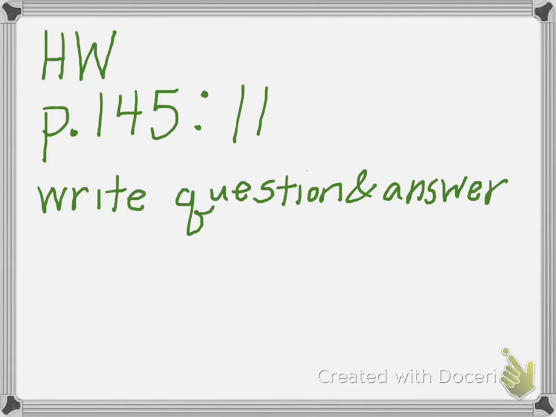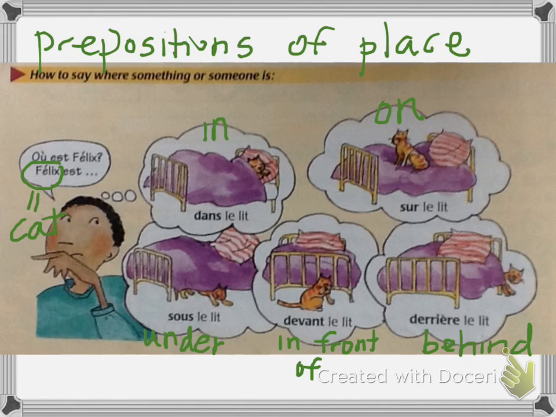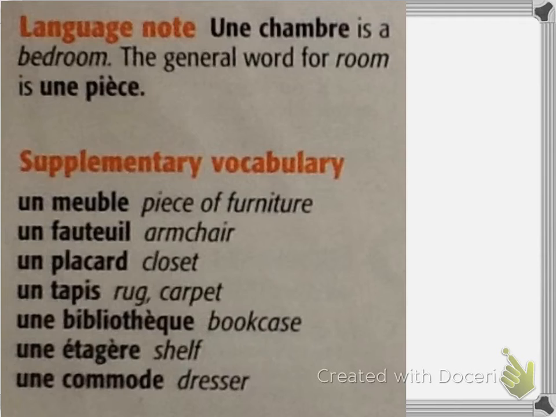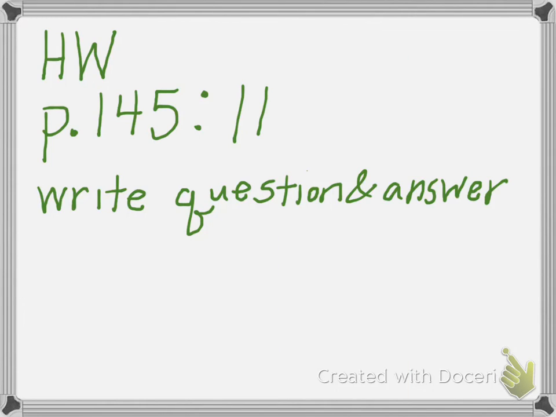The il est part of that will stay the same every time. All that's going to change is after the il est, you're going to use one of these prepositions of place and then one of those new vocabulary from the dans ma chambre. So if we look at, for example, number 3, which shows the phone under the bed, our question would be Où est le téléphone? And our answer would be Il est sous le lit. So you're going to write out that question and answer.